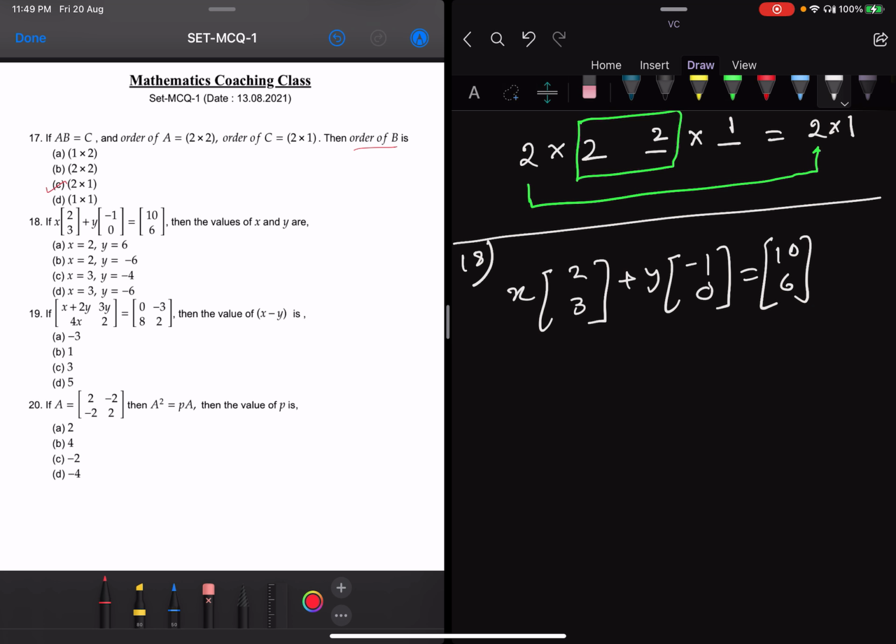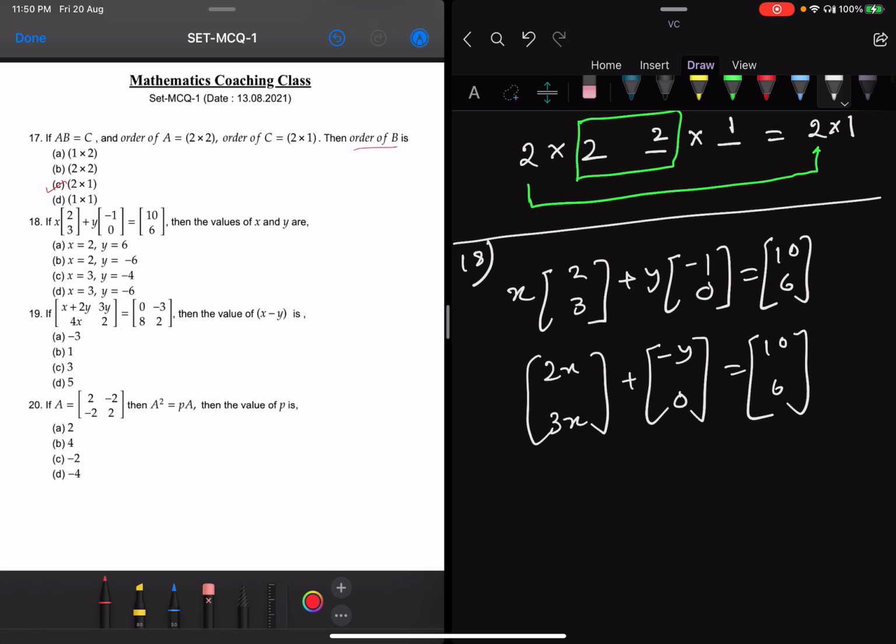So what we can do is 2x 3x plus minus y 0 equals 10 6. It is 2x minus y, because plus of minus y will be minus y, and it will be 3x plus 0, that means it is 3x. It is equals to 10 6.